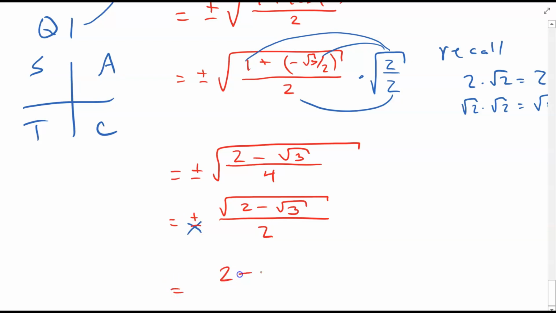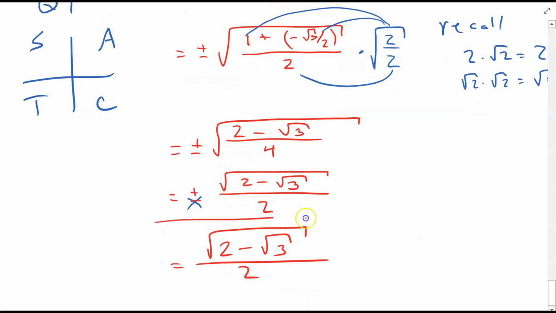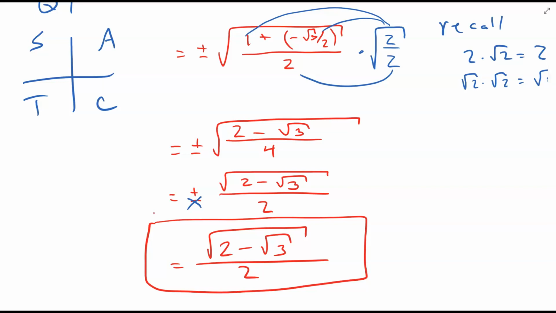So we're just going to have the positive one, and that is going to be our final answer. We're not going to be concerned with the fact that I have a square root inside of another square root. That's okay. No big deal. Are we okay with that one?